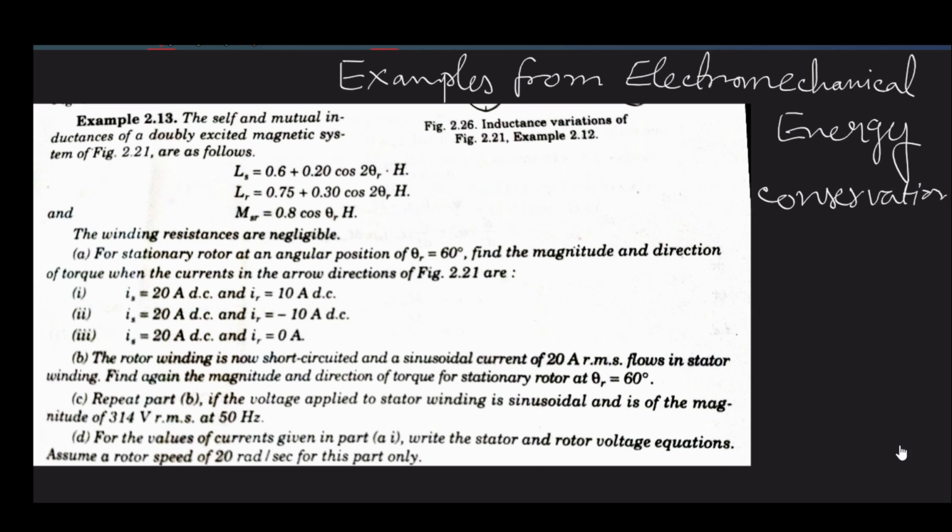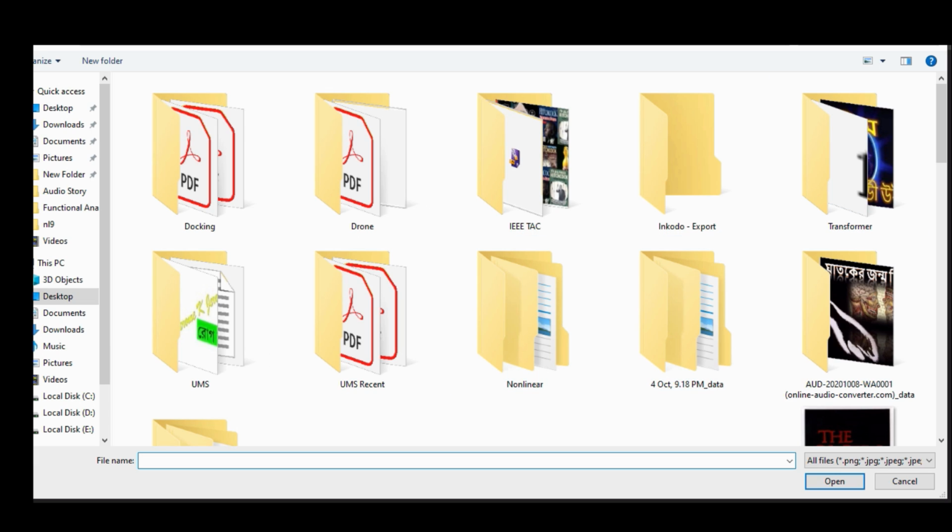So, like the previous videos, I have taken a few snaps from different books. Please read this question. The self and mutual inductance of a doubly excited magnetic system. For your better understanding, let me zoom in as much as possible.